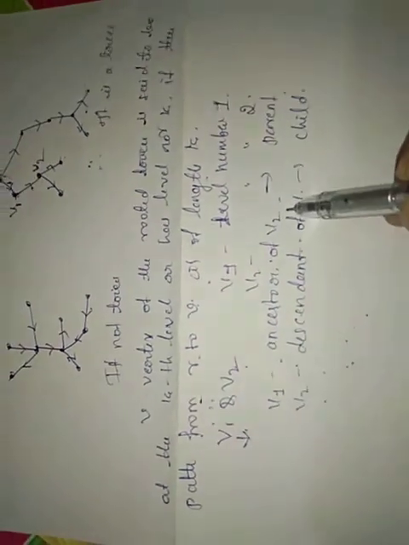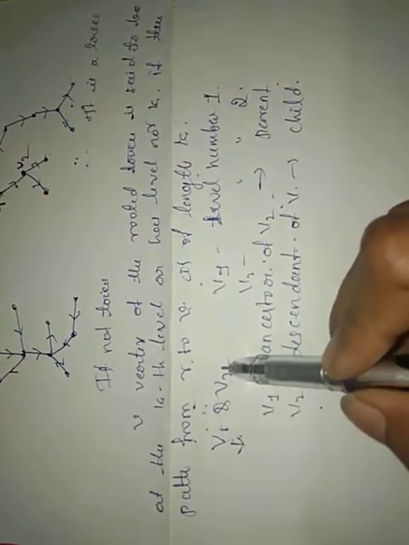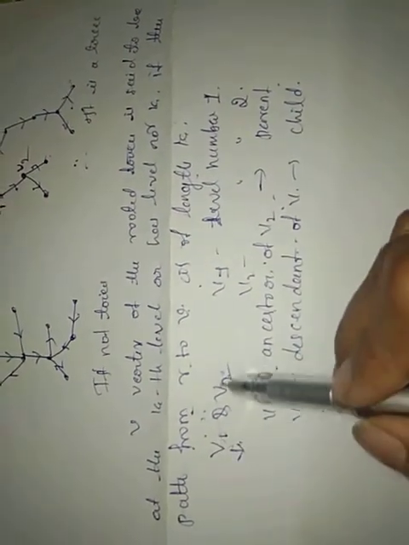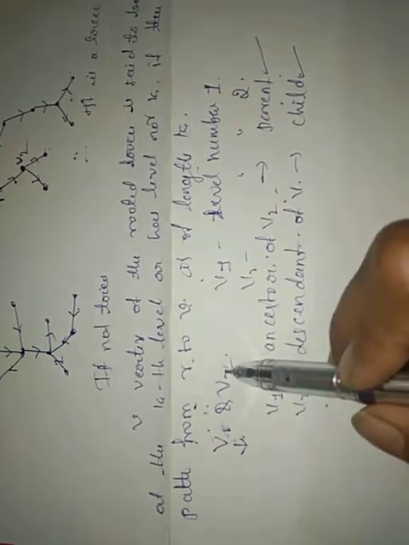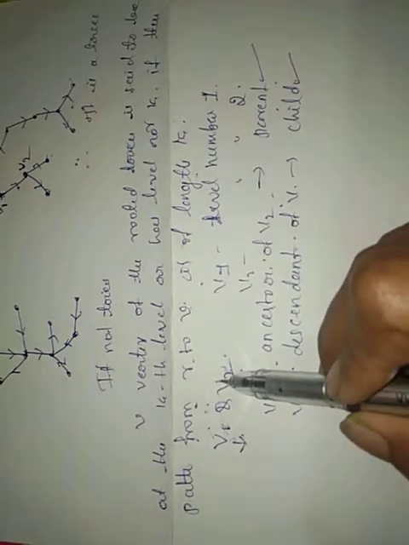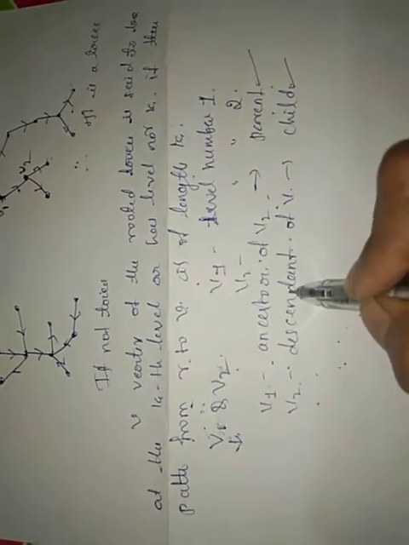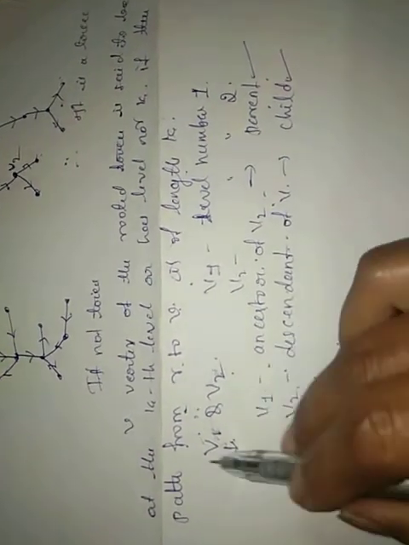Under the same condition, means V1 has a lower level number than V2 and there is an edge between V1 and V2, then we call V1 a parent and V2 a child. Similarly, if V1 has a lower level number than V2 and there is a path between V1 and V2, then V1 is called an ancestor and V2 is called a descendant. But if they have an edge between V1 and V2, then V1 is called a parent and V2 is called a child.